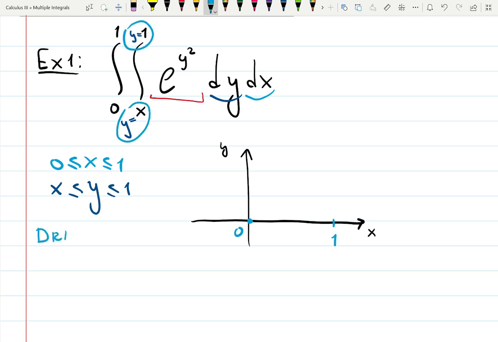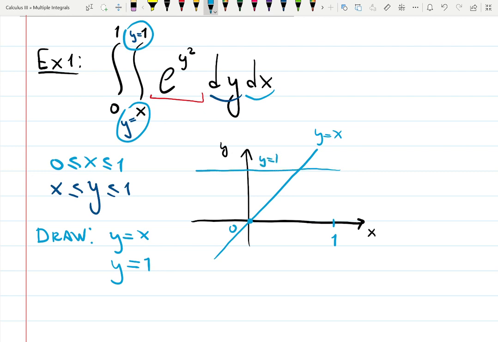Sketch them, you don't need to be precise: y equals x and y equals 1. Y equals x is exactly the line through the first quadrant, half of it. Y equals 1 is the height, level 1. Here it is.